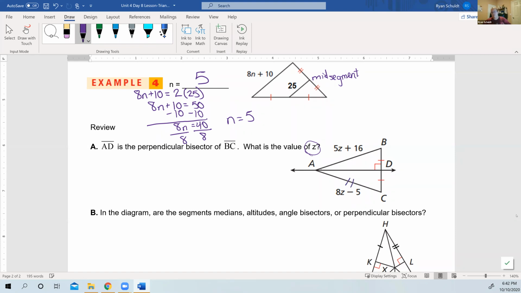They have to be congruent. So to solve this, I can set these equal to each other. 8z minus 5 equals 5z plus 16.